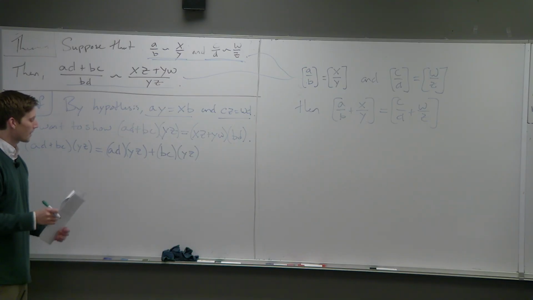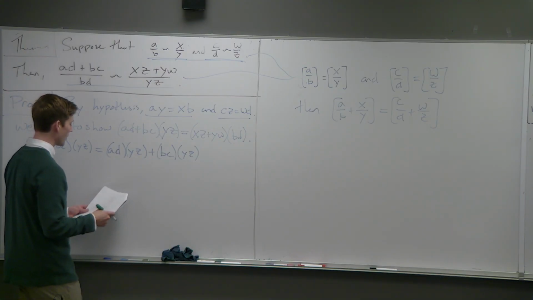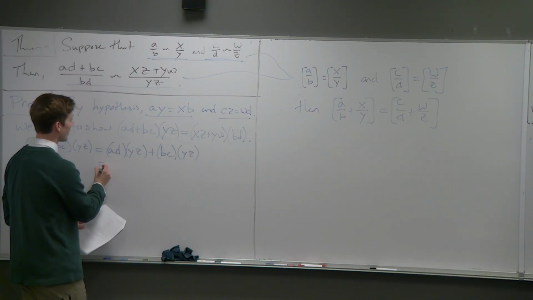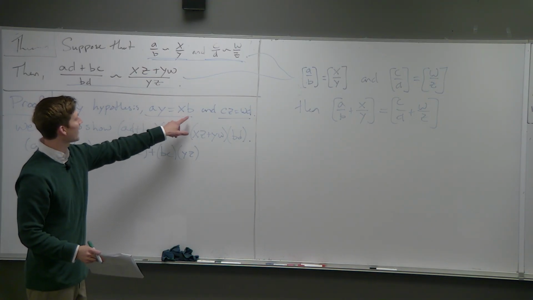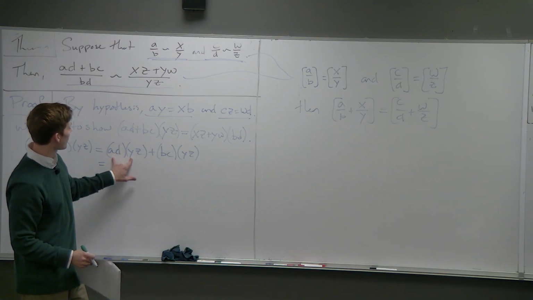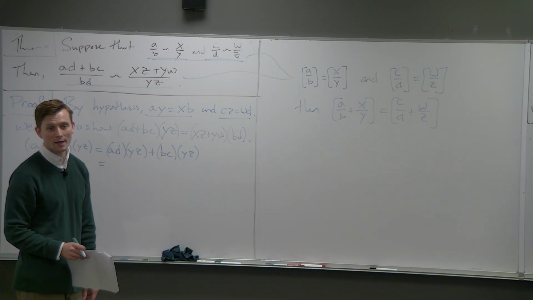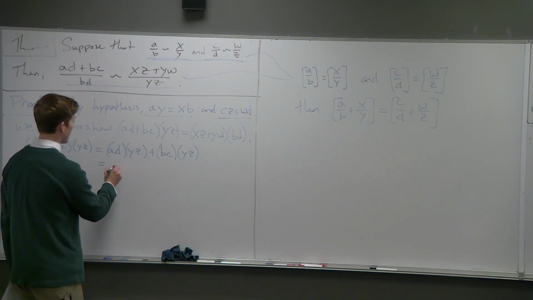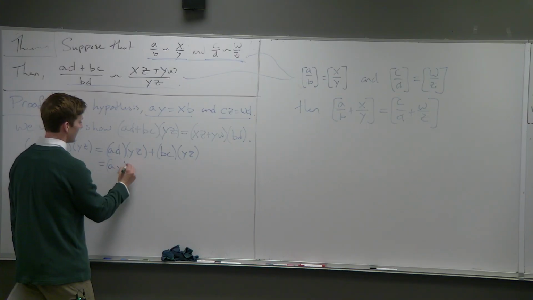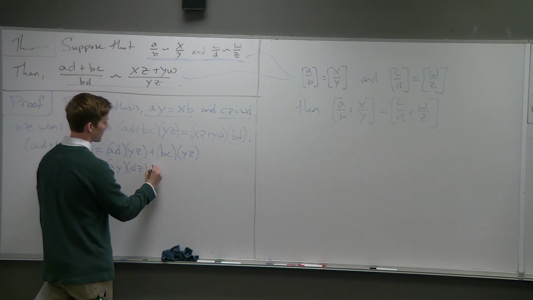Now, we're going to do a little bit of reordering and ask, what do I know? I know AY is XB. I've got an A and a Y, so let me regroup my multiplication a little and get AY and DZ.